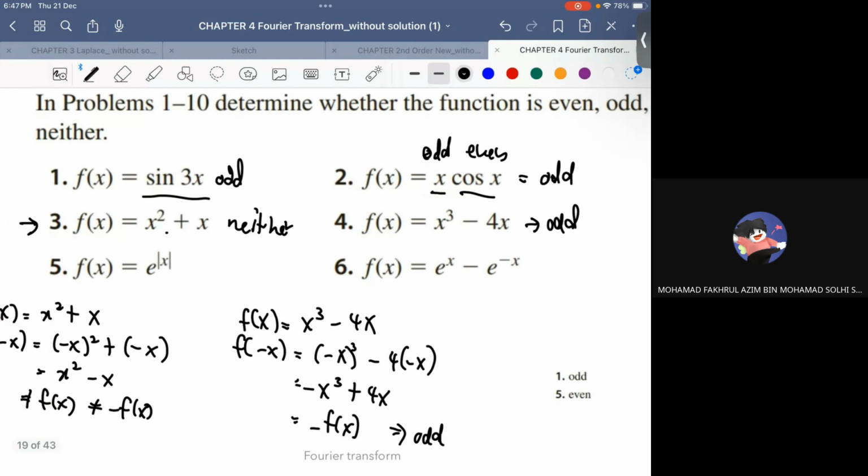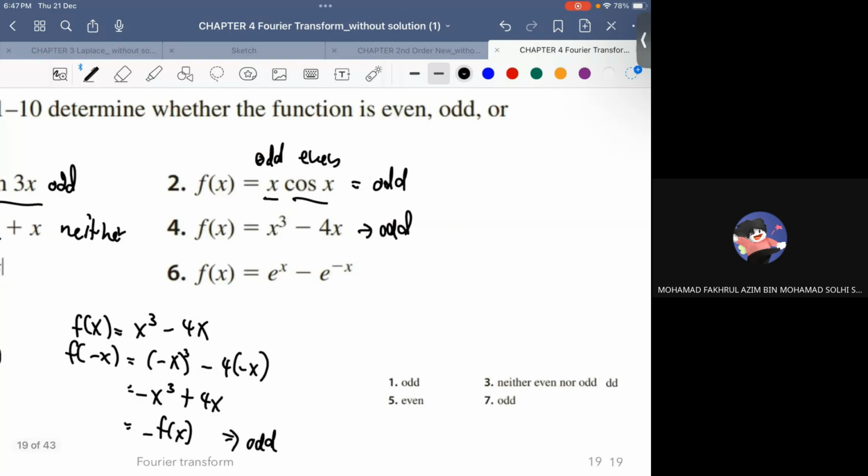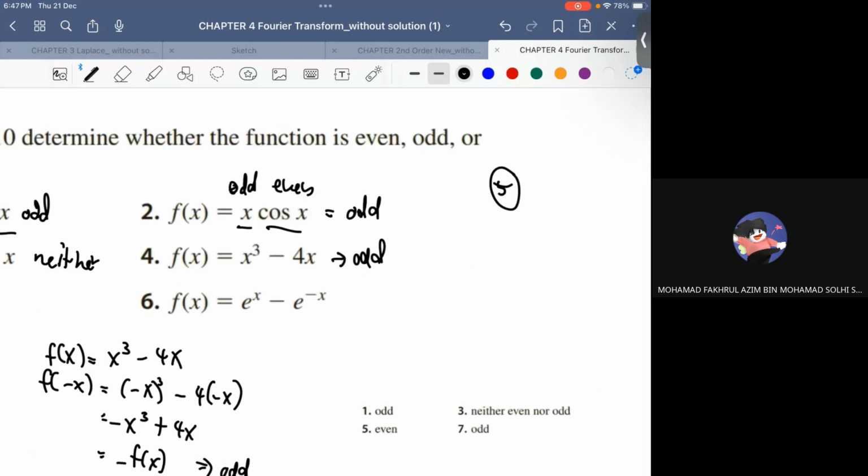Number 5, f(x) equal to exponent modulus x. So f(negative x) equal to exponent modulus x. Modulus will always give you a positive value. So this is equal to just f(x).